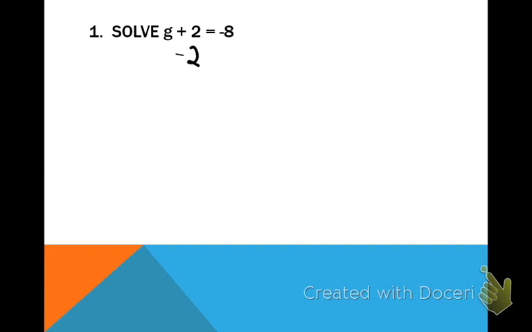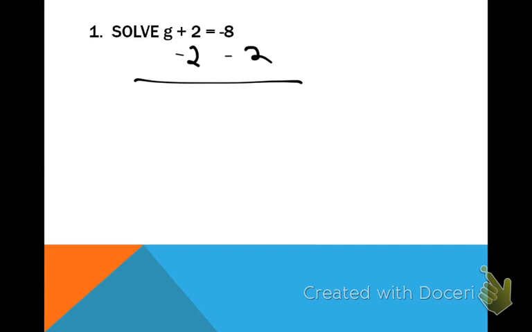So if I subtract 2 here, the way to maintain an equivalent equation is to also do it on the other side. So we're going to subtract 2 on both sides. In an equation, whatever you do to one side, you have to do to the other. You have to.